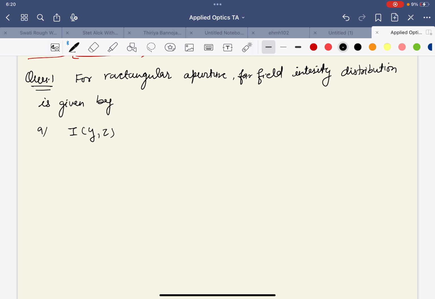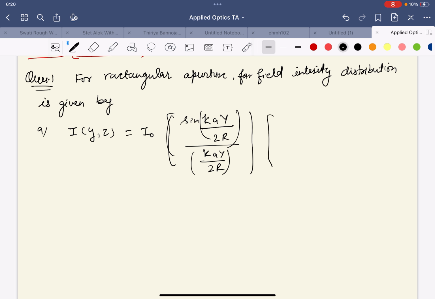I(y, z) equal to I0 sin(k a y divided by 2r) divided by (k a y by 2r), and sin(k b z by 2r) divided by (k b z divided by 2r).